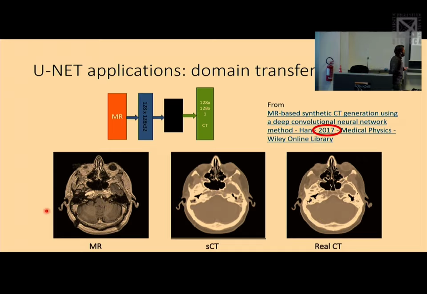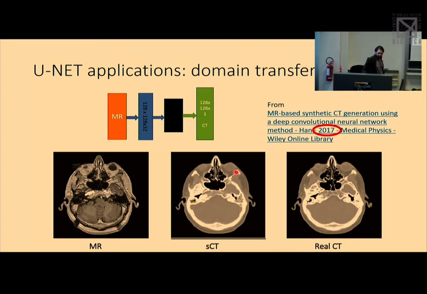And what you need to do there: either you acquire the real CT, which, however, takes radiation dose and is another exam, or you say, okay, I start from the MR, which has many more anatomical information than I need, and I ask a neural network to get in output a CT scan. Here it's showing together the so-called synthetic CT and the real CT.